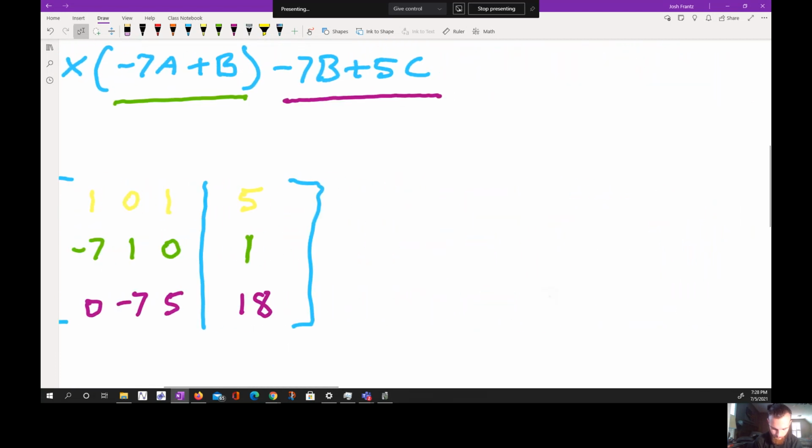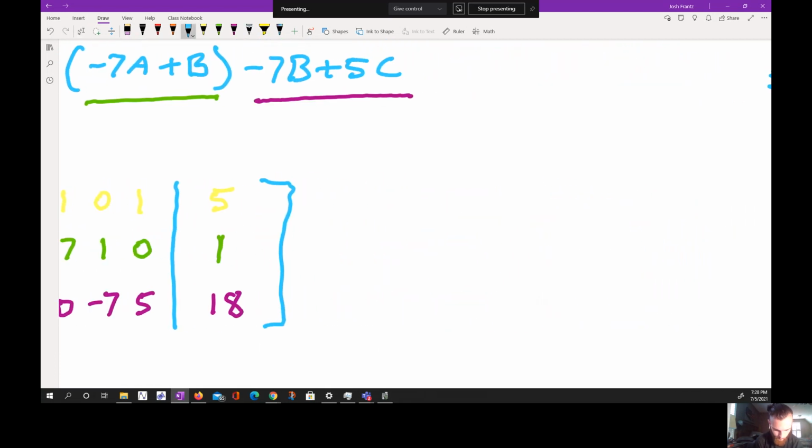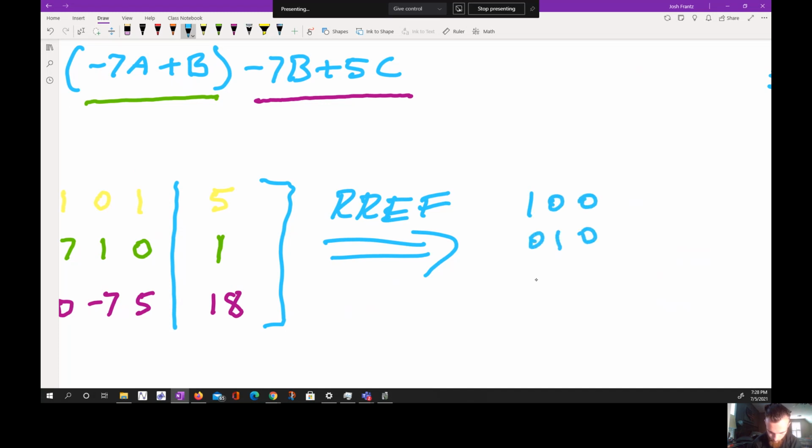We'll go ahead and write that. RREF. Reduced row echelon form. 1, 0, 0, 0, 1, 0, and 0, 0, 1. So that just means it's a consistent matrix.